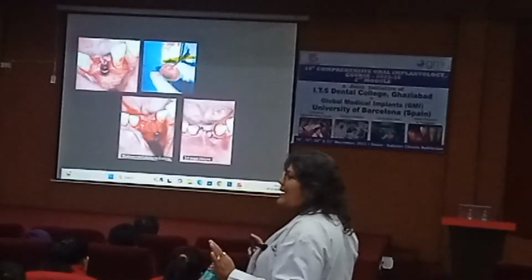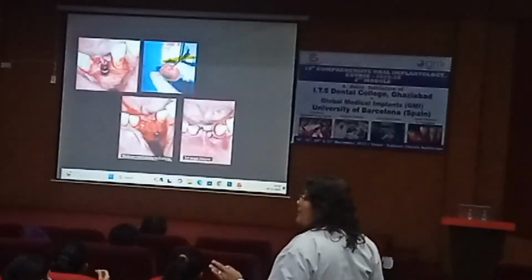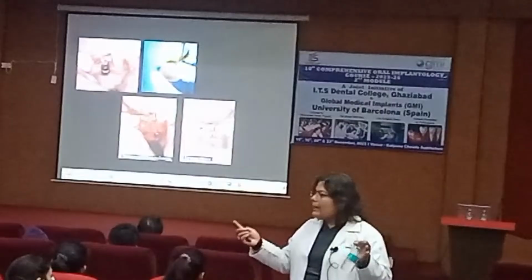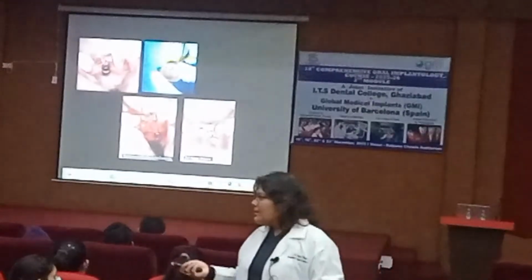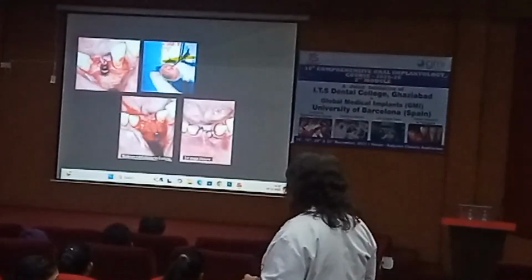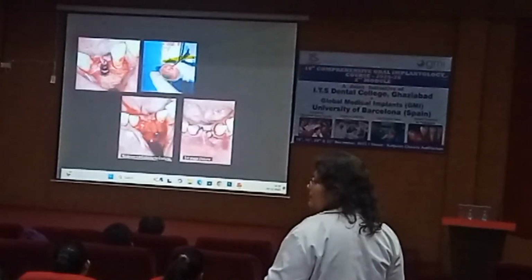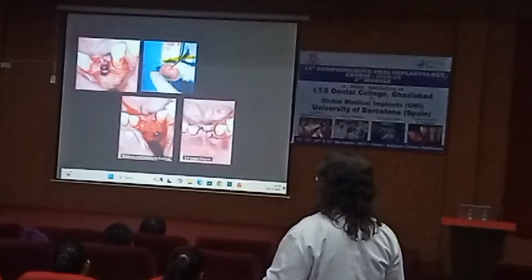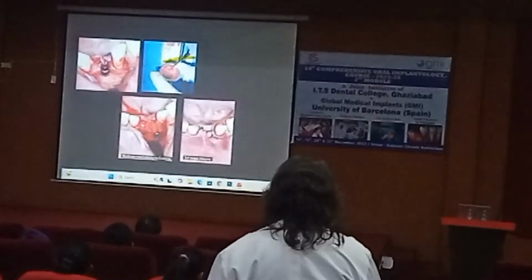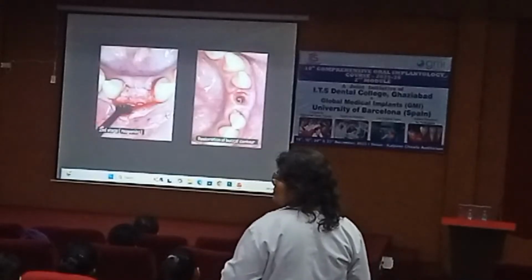The morsel size varies. The thinner the morsel, the better the graft. Why? More surface area, fewer voids. If you mix bigger particles, of course the voids will be more, and they are going to create internal jump spaces for your mesenchymal cells, right? So we are mixing the two grafts over here. We place the graft and put a membrane, secure the membrane with a tack, right, and suture it.